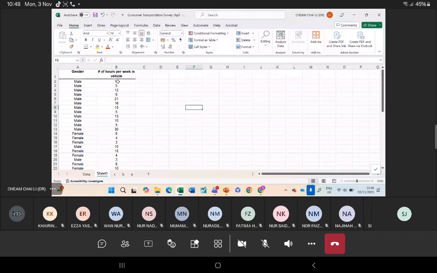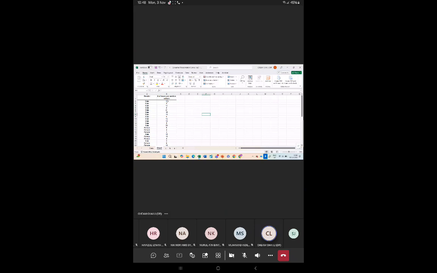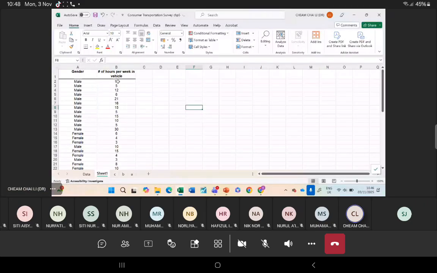Okay, so you see, all the male and female are not in order. So we want to sort it so that male is in one group and female in another. To do this, I put my cursor in cell A1, and then I go to data and press this button.